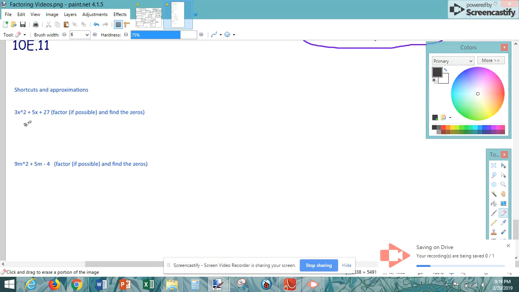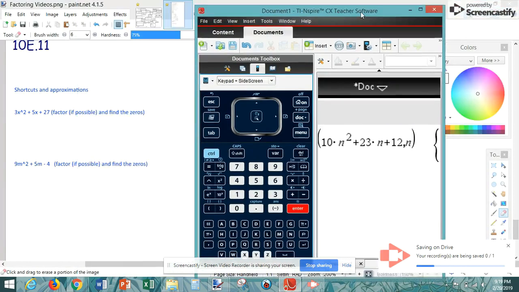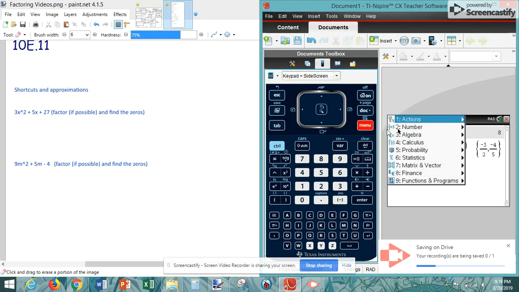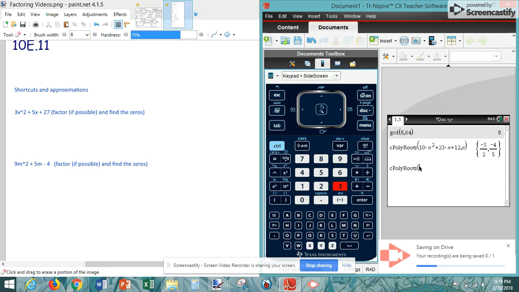So we have 3x squared plus 5x plus 27. So let's use the calculator. So first you go calculate, then menu, 3, 3, and 3. Let's type in our equation: 3x squared plus 5x plus 27.